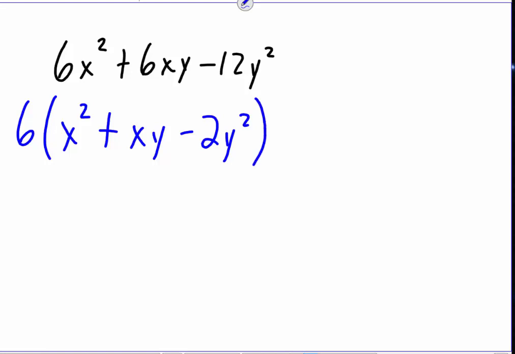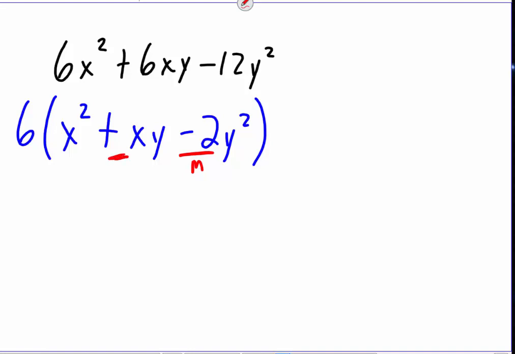Now, I know that this looks very different than the ones that we've been doing, but in reality, it's really not any different. Okay? And the way that we're going to do it is exactly the same, whether you're using the generic rectangle or the Australian method or whatever. So, we need two numbers that multiply to a negative 2, in this case just a 2, because we have our cheat sheet that tells us the signs.